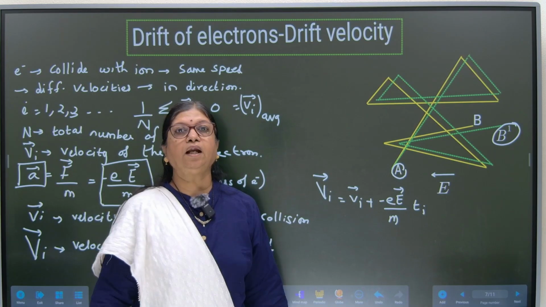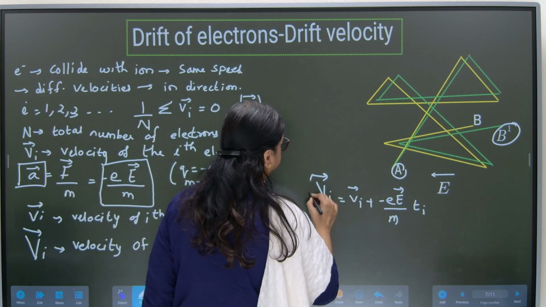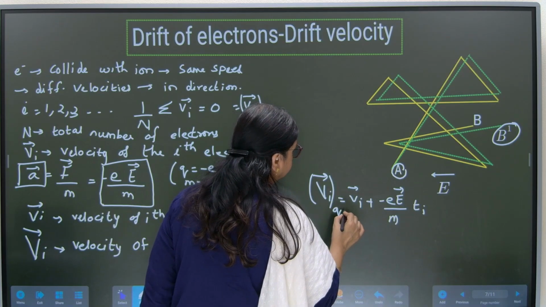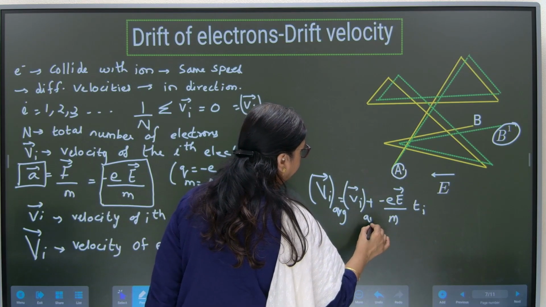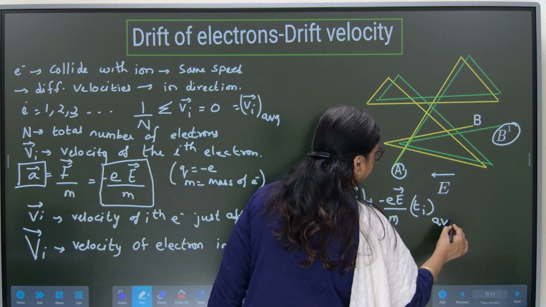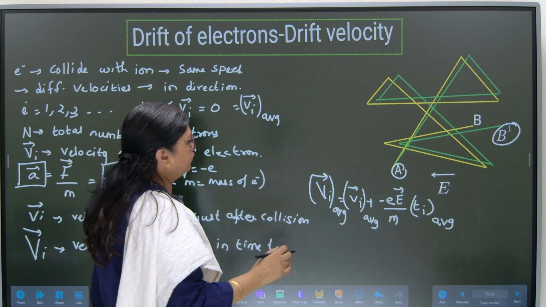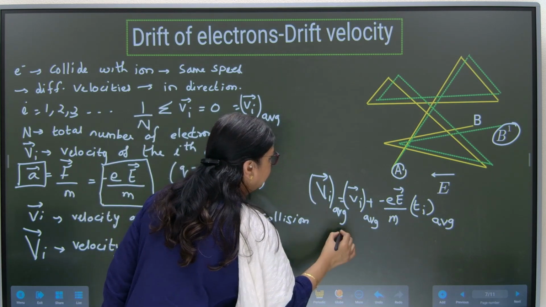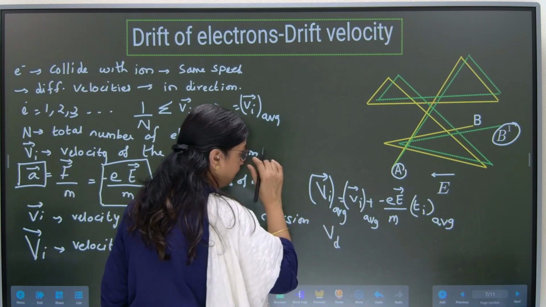Fine. Now let us take an average of all the terms in this equation such that we get the drift velocity of the electron. So the average of Vi is Vd, the drift velocity of the electron.